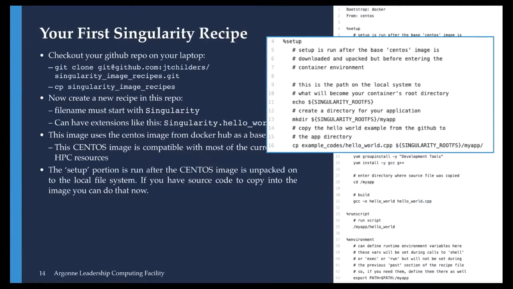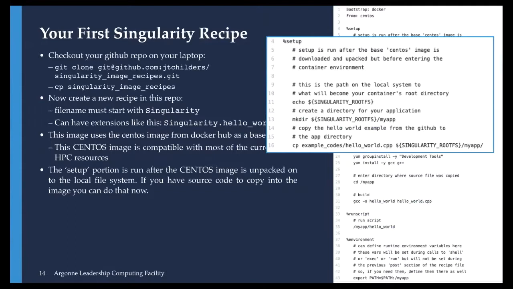And then the setup part of your recipe script is run after the image is downloaded and unpacked on the local system. So either on Singularity Hub, or if you're running on your laptop, Singularity would download CentOS, unpack the file system locally, and then run the setup. And in the setup, you can do things like copy codes into the container, what will become the container's file system.